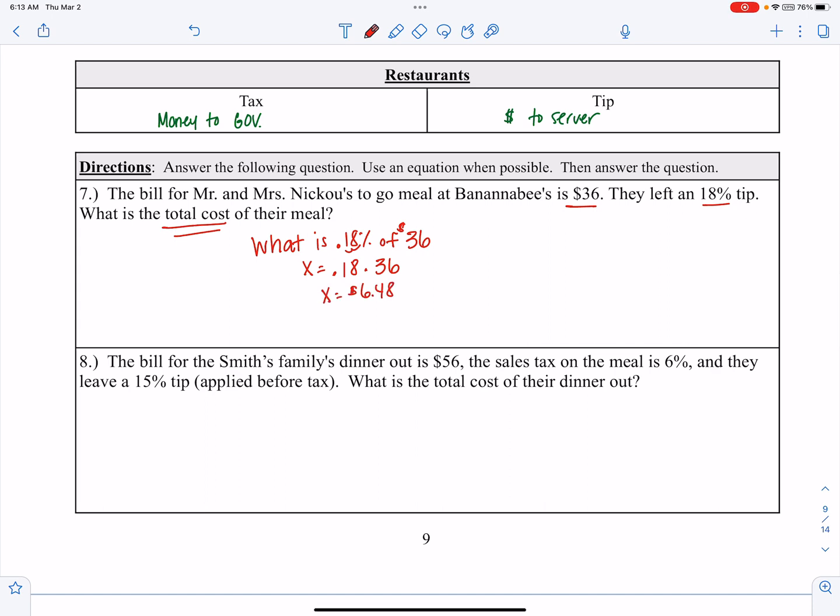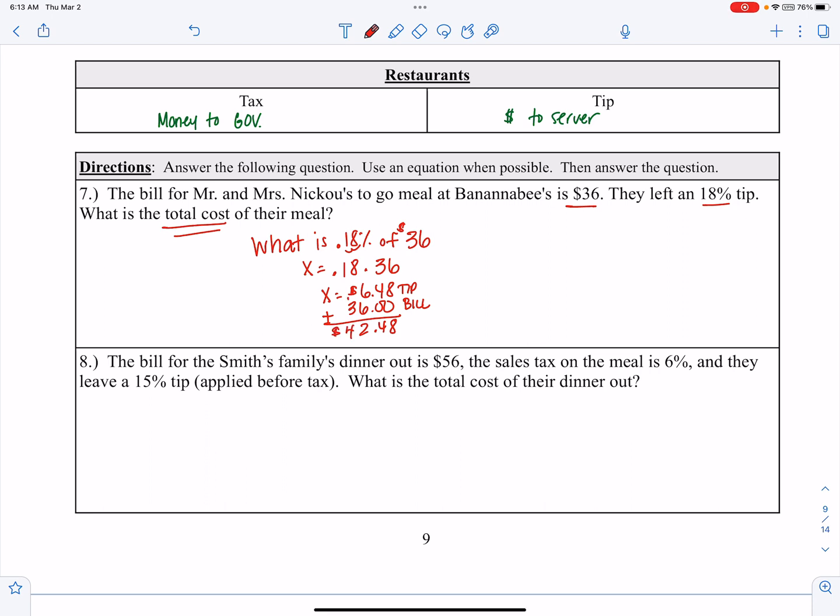We know that's just the tip. We need to add that to the bill. And so we have a $36 bill. This was our tip. We're adding these up. We get 8, 4, 12, a little regroup there, and 4.